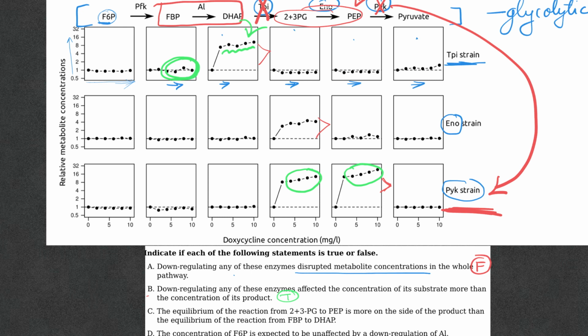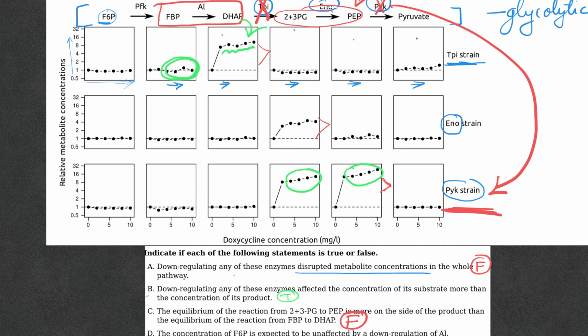No. FBP to DHAP is more on the side of product. That is why it did not produce any response, right? So equilibrium is in the direction of the product. So this makes the statement false. Okay. Now, if this is clear, the fourth will be easy.